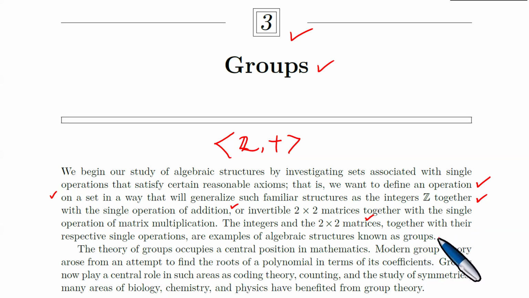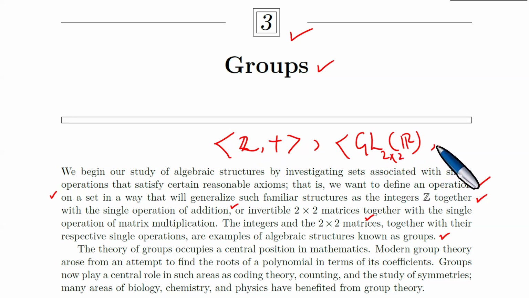So far, the textbook highlights important structures: the set of integers together with addition, and the general linear groups, for instance, of 2x2 matrices with the operation of matrix multiplication.